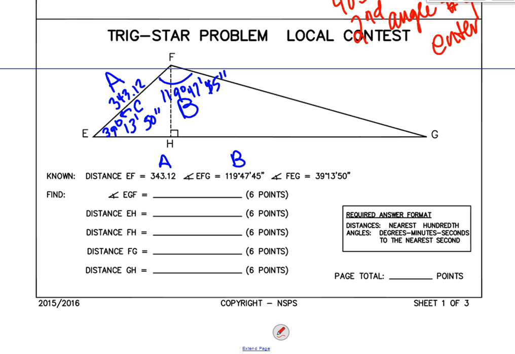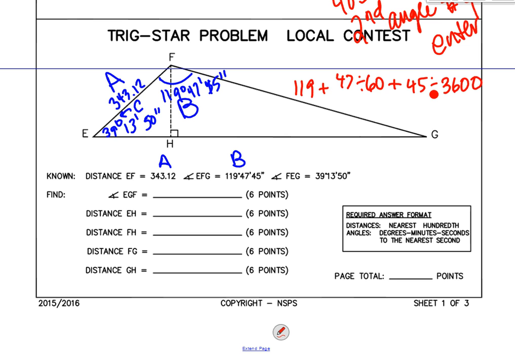And then I want to talk about these angles. So for the angle, the way you're going to store an angle is on the home screen, you're going to go 119 plus 47 divided by 60 plus 45 divided by what? 3,600.